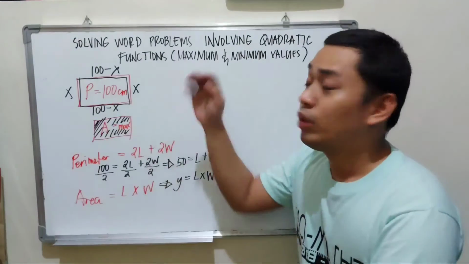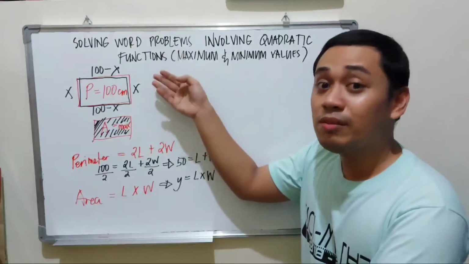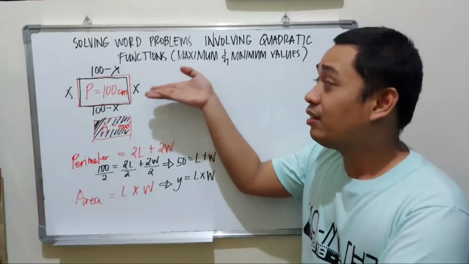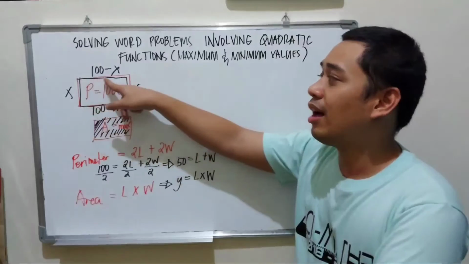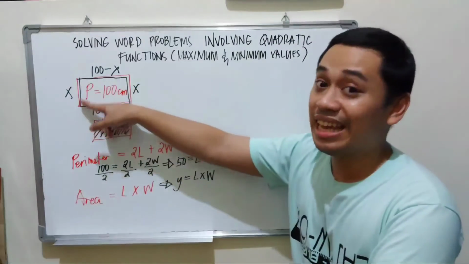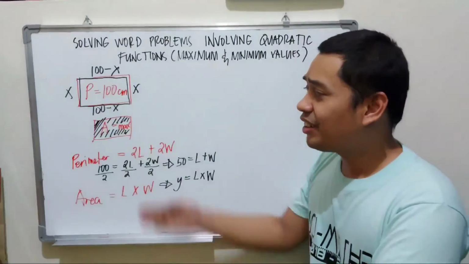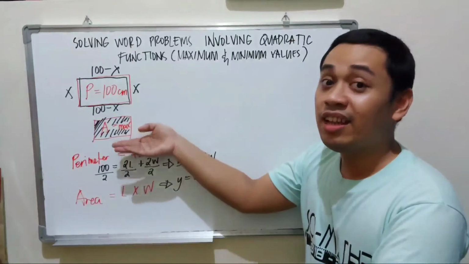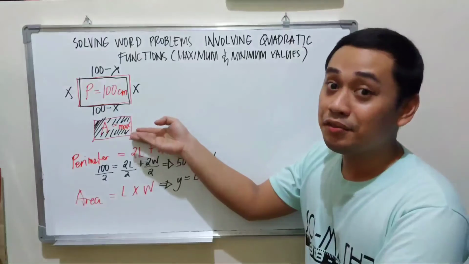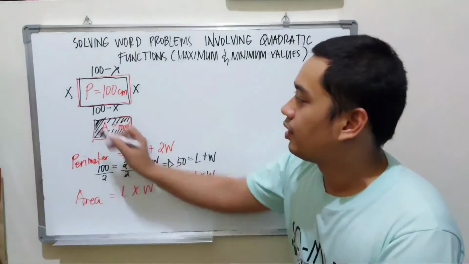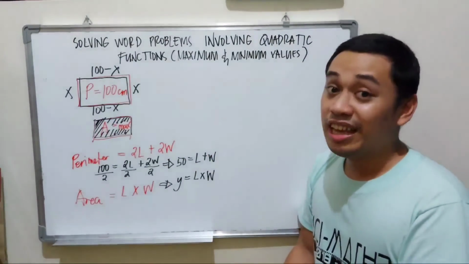Dalawa rin siya. We know that perimeter is the total measure of the enclosure of a two-dimensional figure. Pag sinabing enclosure, ayun po yung mga total lengths ng mga sides nila. While sa area naman, pinag-uusapan natin the total measure of the space occupied by a figure, yung loob naman. Siyempre, kasama pa rin yung edges.